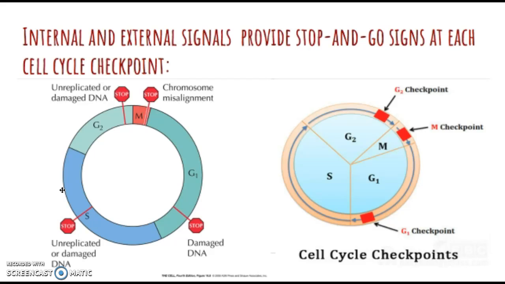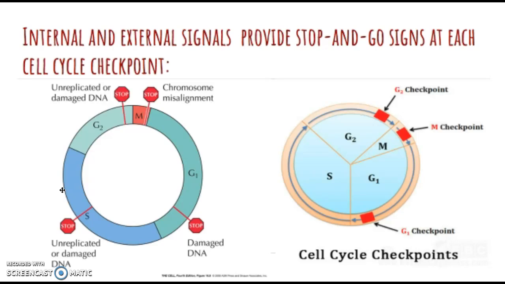The most important checkpoint is the G1 checkpoint because regardless of whether cell division occurs, this checkpoint is still present. These checkpoints are important for a cell to regulate the cell cycle because they ensure that damaged DNA is not passed on to the daughter cells, which is important when preventing disease, specifically cancer.